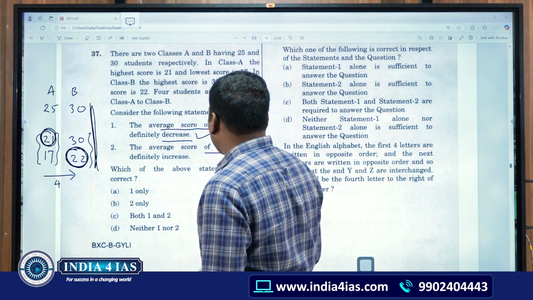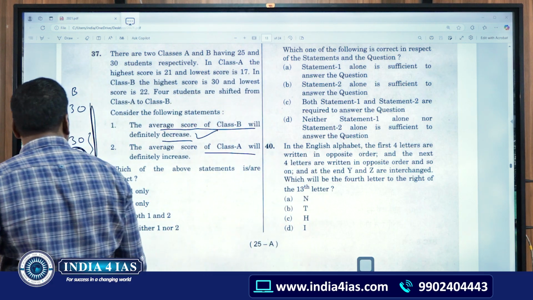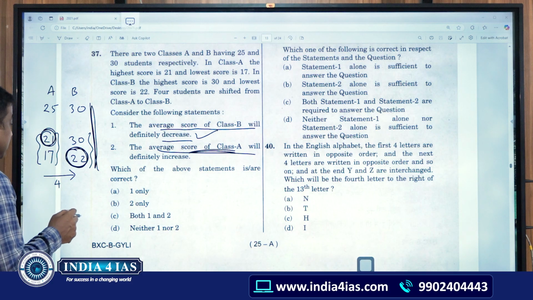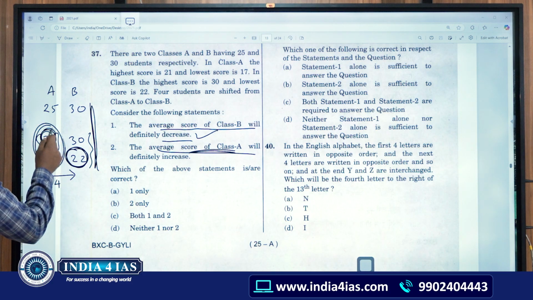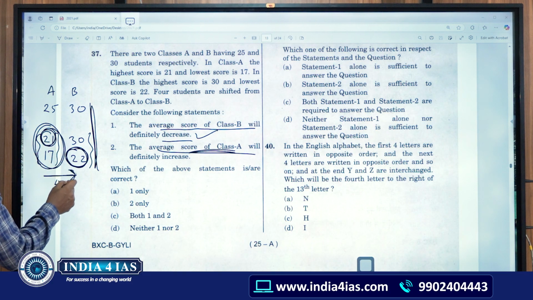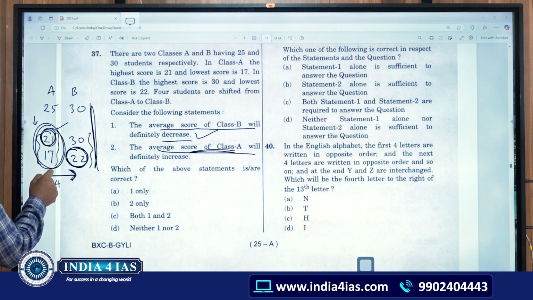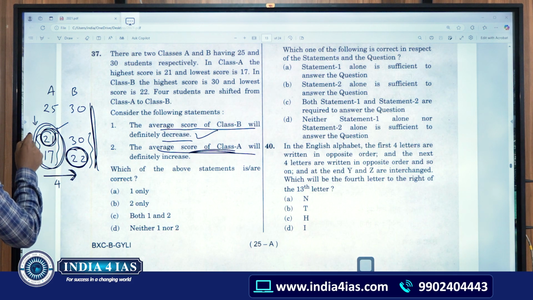The average score of class A will definitely increase. See, among these people who are coming to this class, that matters. If the top 4 go to this class, definitely their average is going to reduce. If the bottom 4 go to this class, then definitely their average is going to increase.